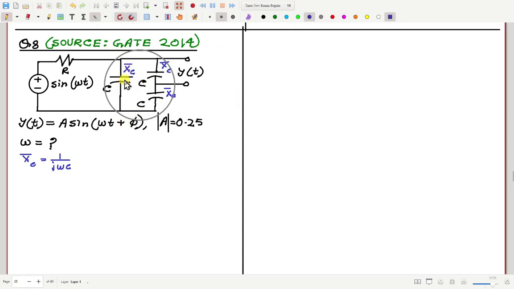One has the impedance of Xc, another 2Xc, so it will become 2Xc times Xc, whole divided by 2Xc plus Xc.